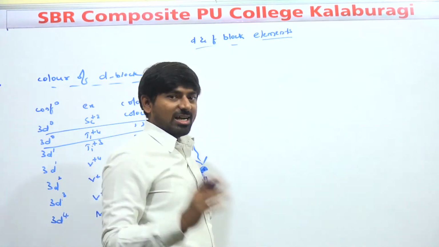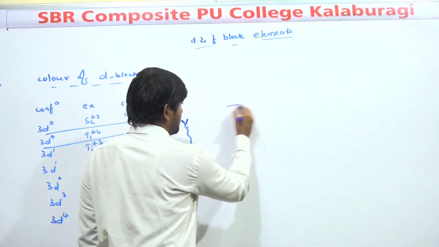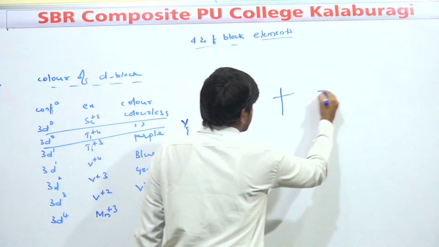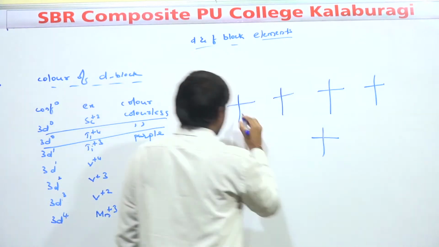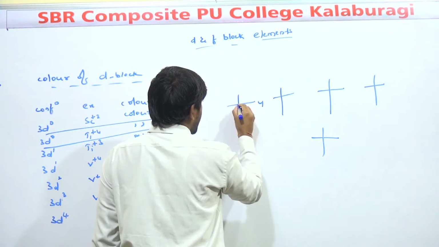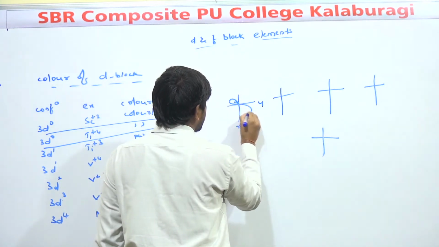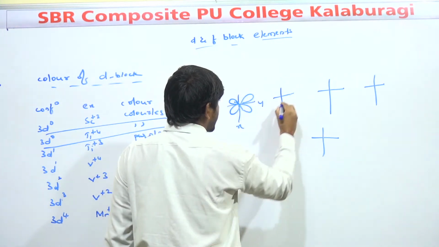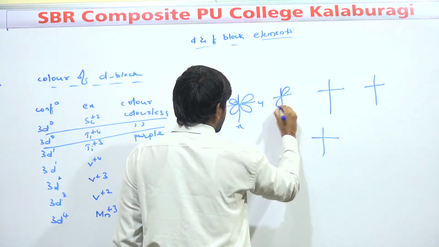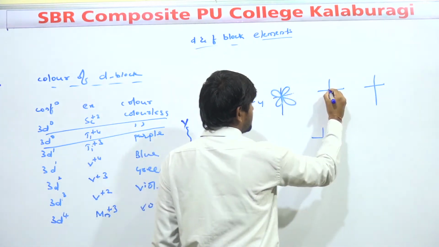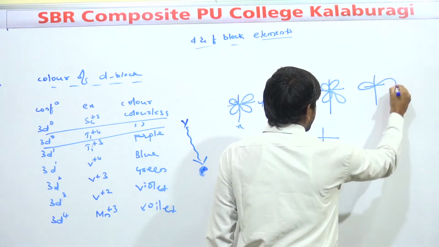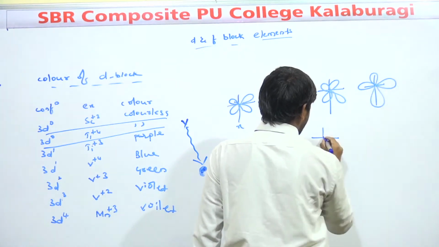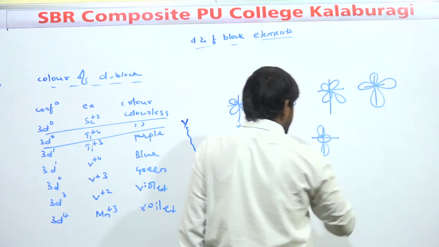Before that, let me draw all the 5 d orbitals: dxy, dyz, dzx, dx square minus y square, and dz square.